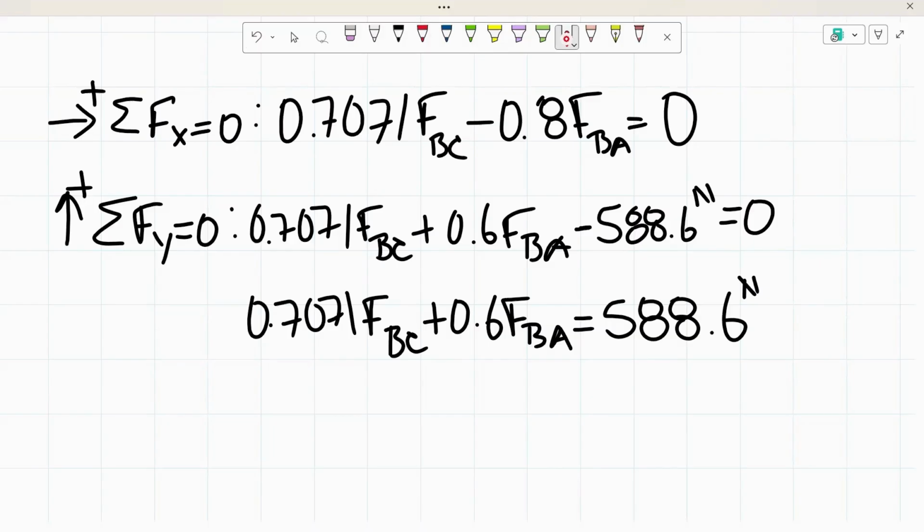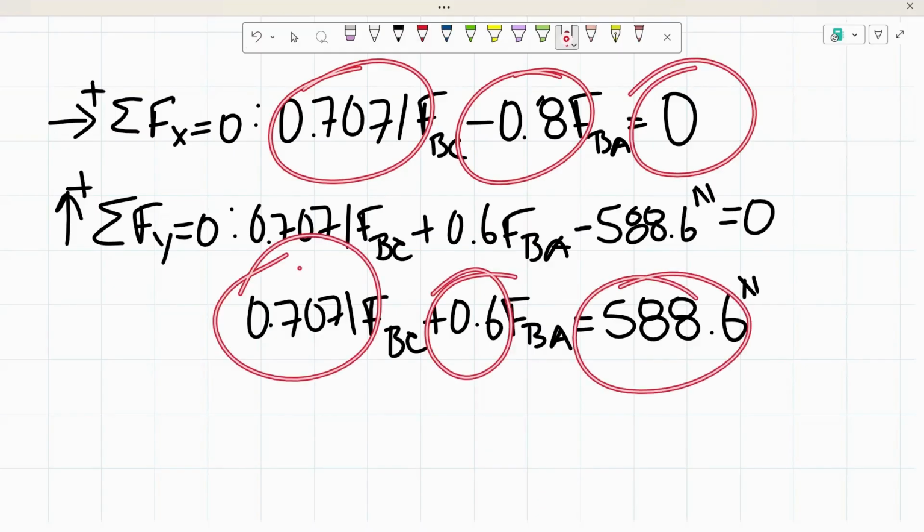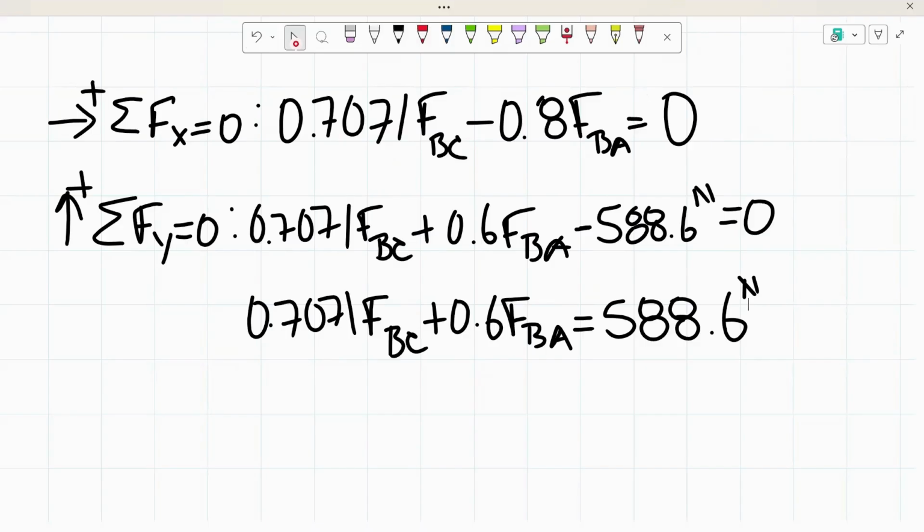And as you can see, this is a 2x2 linear equation. So you're just going to click on that, and then you're going to enter your values right here. And then once you do that, you should get that.